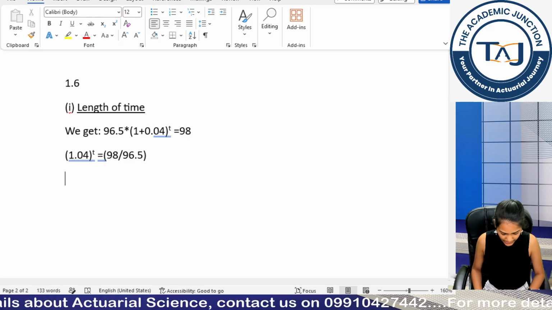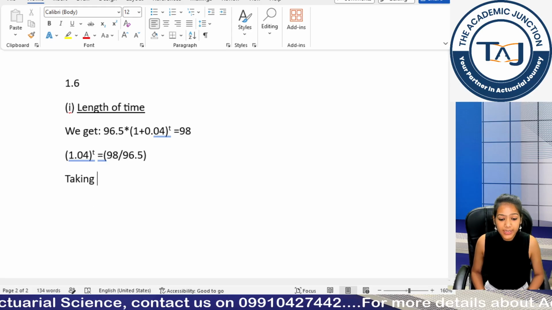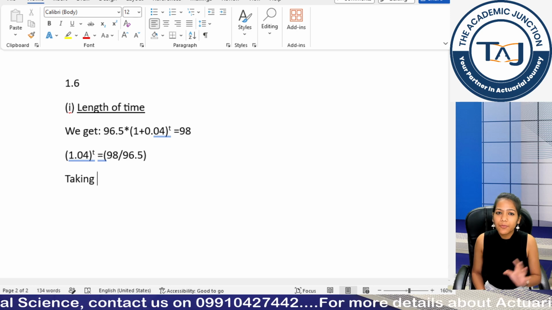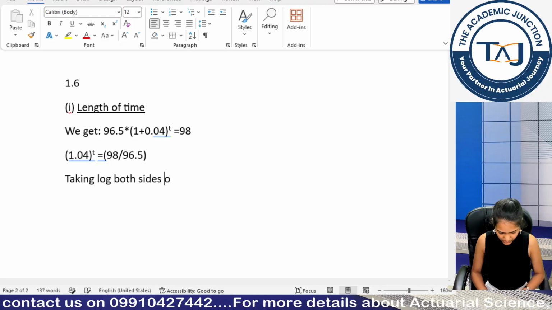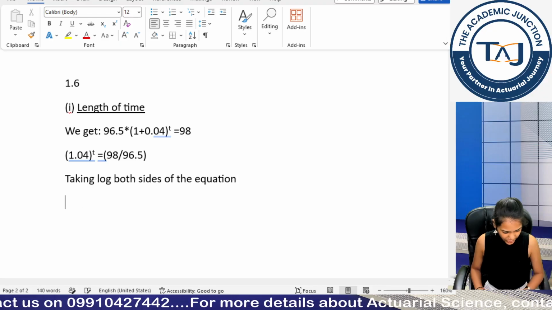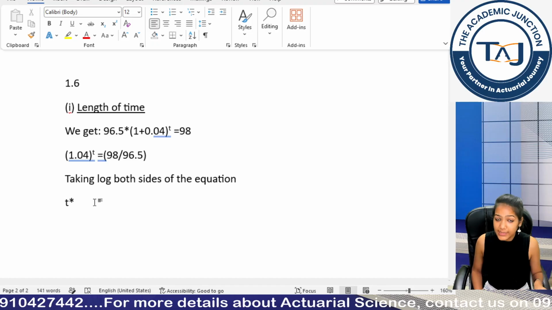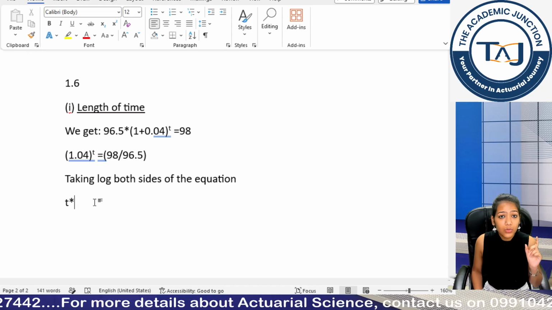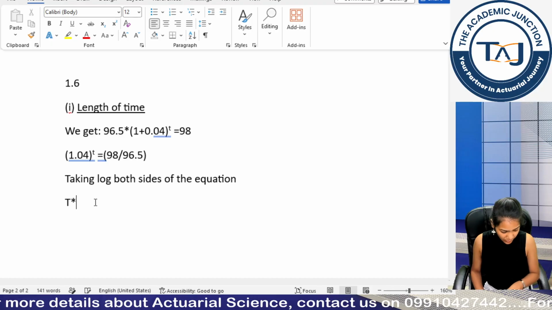Then let's take log both sides. So we will write this step. Since this is a very short answer, we have to write this step as well. Taking log both sides of the equation. So this becomes t times, Control Z to undo the capital that has come. Let me show you again.